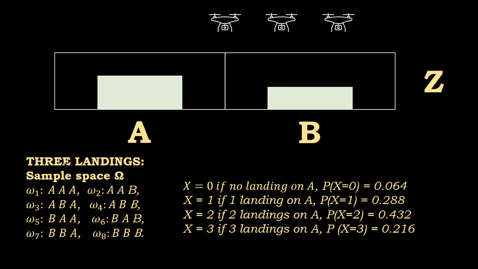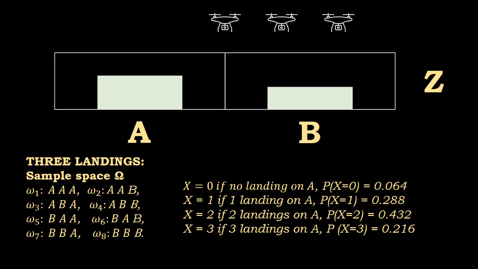Now, we consider 3 landings, and the sample space, big omega, is composed of these 8 possible small omegas. First landing in A, second landing in A, and third landing in A. First landing in A, second in A, third in B, and so on and so forth. So all the possibilities of landing in A or B in the 3 landings.